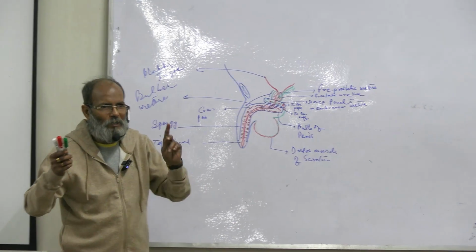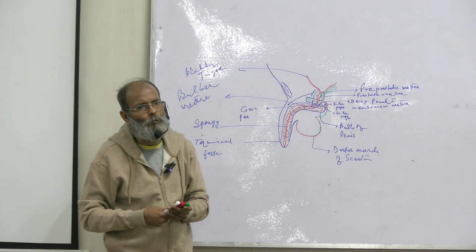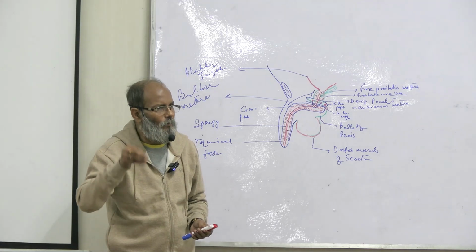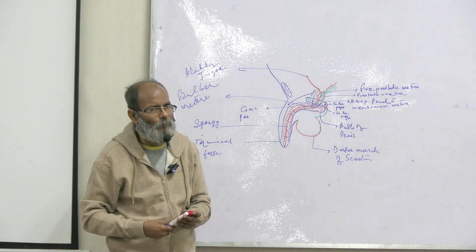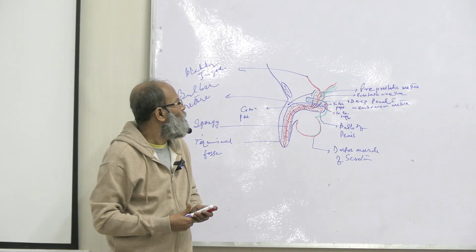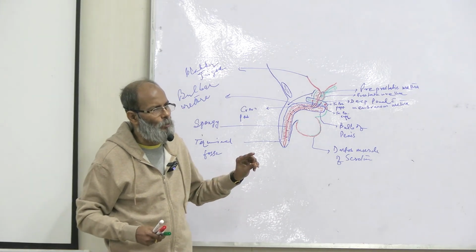So the urethra commences from the internal urethral orifice, which is formed by the lower part of the internal trigone. From there up to the colliculus seminalis, it is the pre-prostatic part.